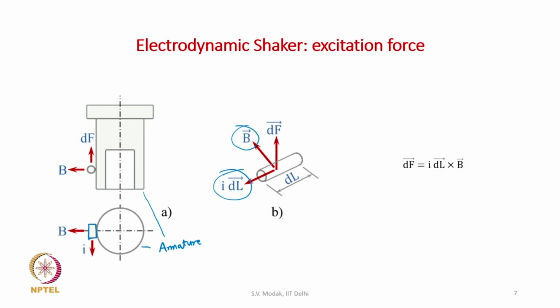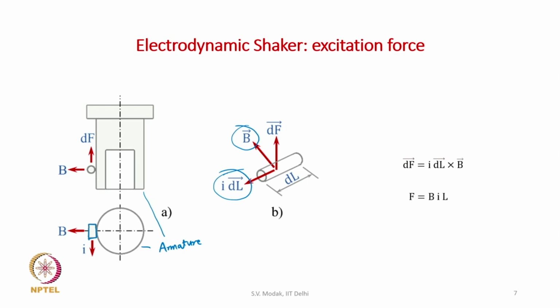So the force produced on the coil is given by the cross product of the current element I dl and the magnetic field vector B, and therefore dF will be perpendicular to both, in the vertical direction.